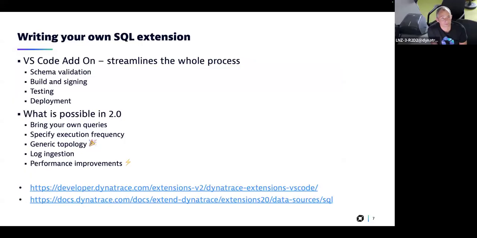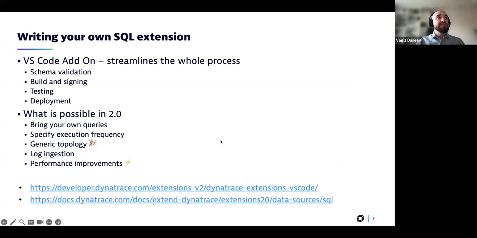Now, let's go to the meaty part of this recording, how to write your own SQL extension. So with the VS Code add-on, for which we already have some documentation and recordings, we are definitely going to rely on that. This add-on greatly streamlines the process of developing extensions, make it really easy.